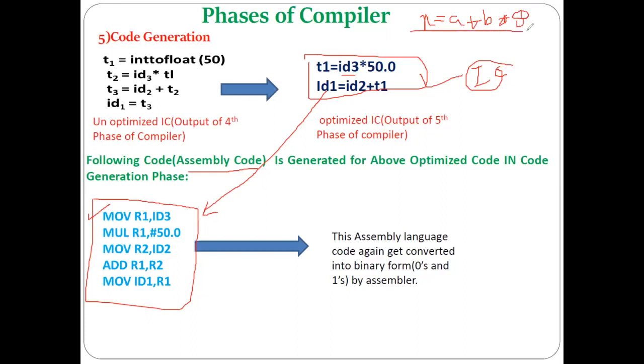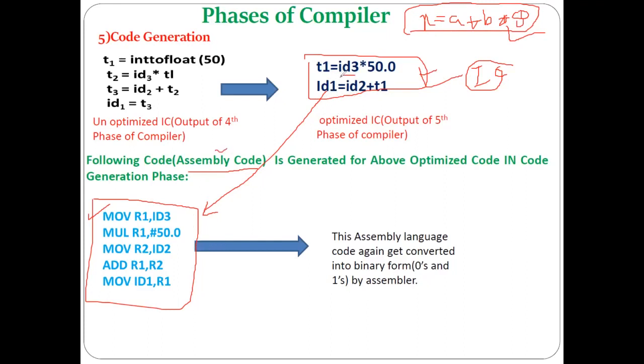This is our original example, which we have processed through lexical analysis, syntax analysis, semantic analysis, intermediate code generation, and also code optimization. When we did the code optimization, we got this optimized intermediate code for this expression. And then we are converting this optimized intermediate code into machine code as assembly code.